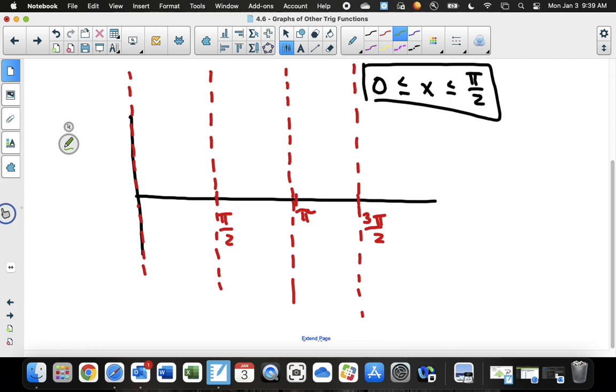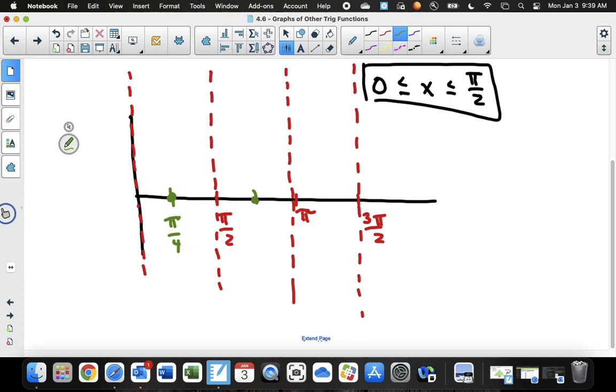All right, now we find the points in between. Now we find our x-intercepts. What's halfway between 0 and pi over 2? Pi over 4. Yep. What's halfway between pi over 2 and pi? 3 pi over 4. Yep.